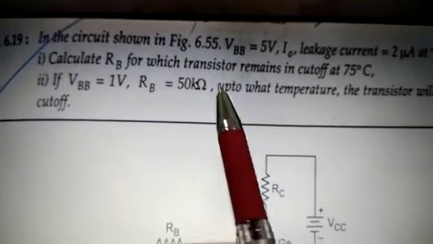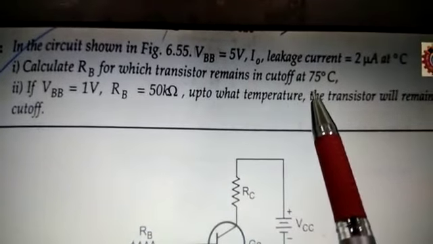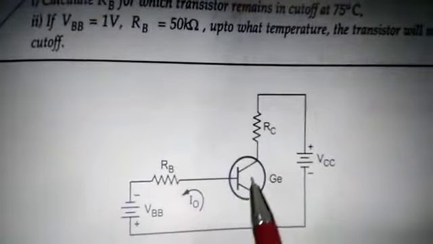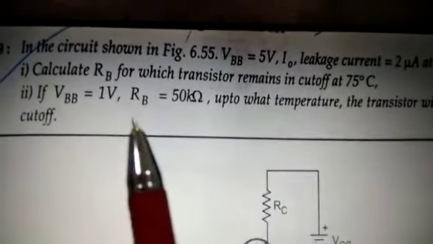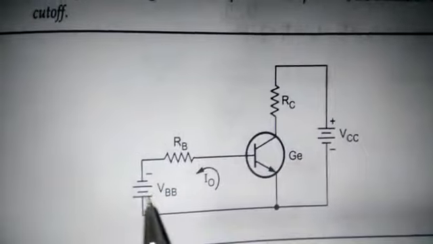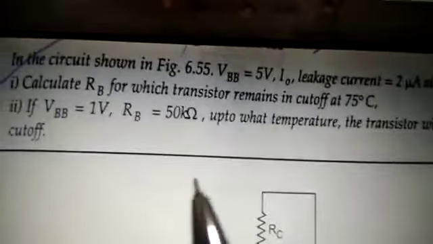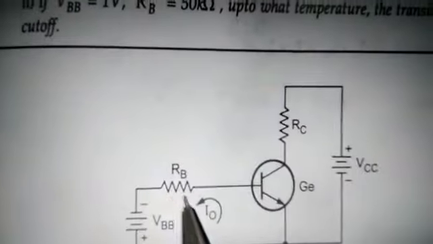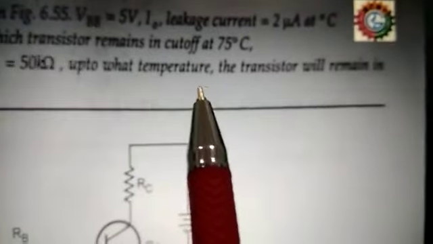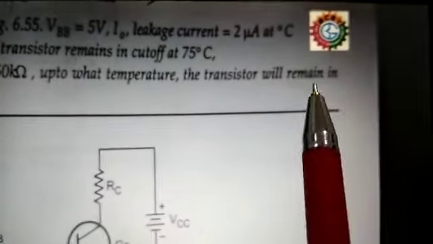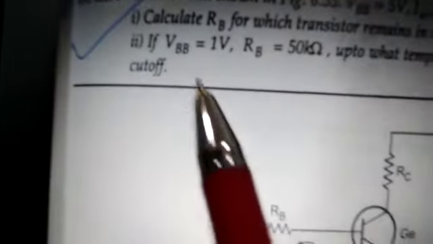Calculate RB for which the transistor remains in cutoff at 75 degrees centigrade. And second, if VBB is equal to 1 volt and RB is equal to 50 kilo ohm, up to what temperature will the transistor remain cut off?